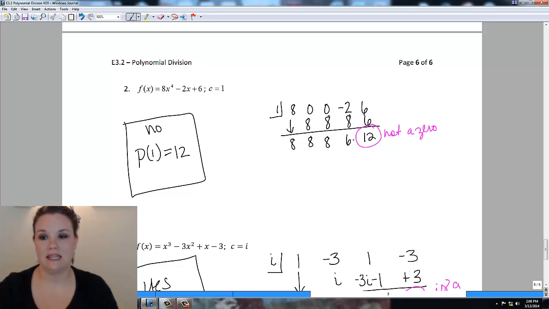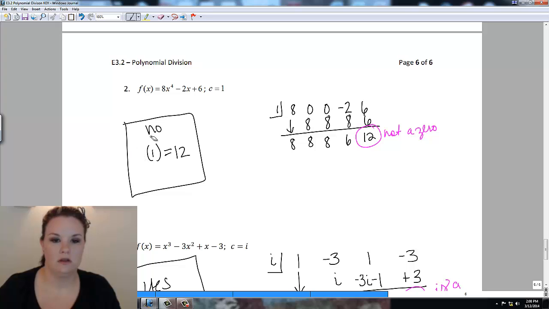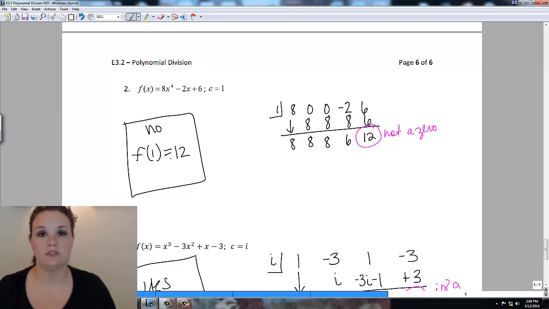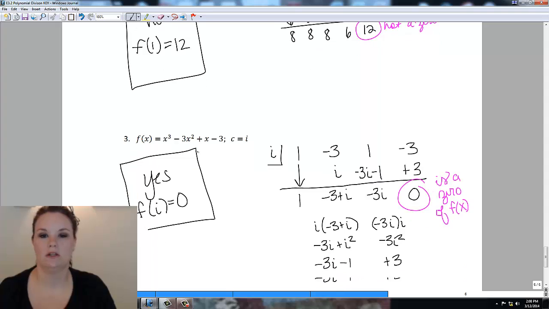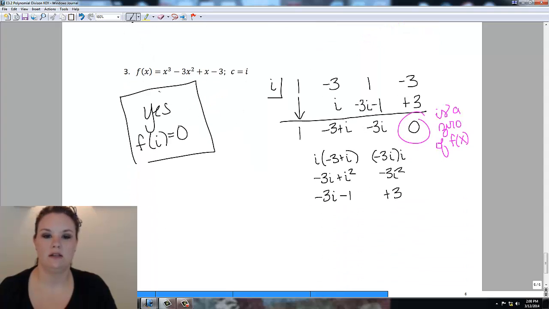When we do our synthetic, we end up with a remainder of 12, which means that f evaluated at 1 equals 12, which means it's not a 0. So I just put no. On number 3, same idea.